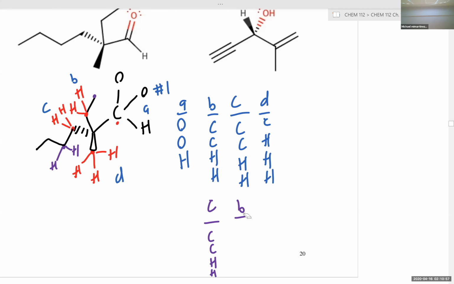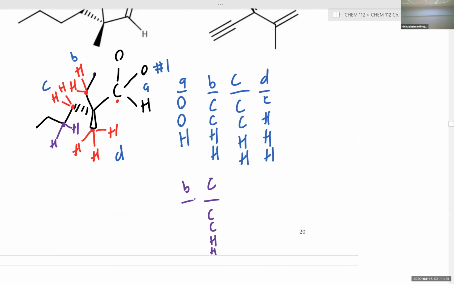And for B, to complete our tiebreaker, we have a carbon and 3 hydrogens. So C wins out. C gets priority 2, B gets priority 3, D gets priority 4. Does this logic make sense to everyone? Does this counting method make sense to everyone?